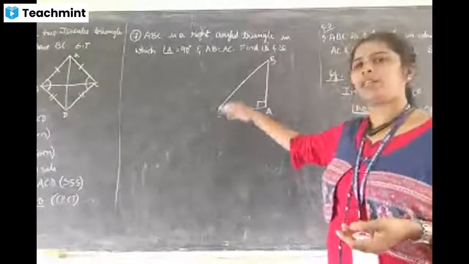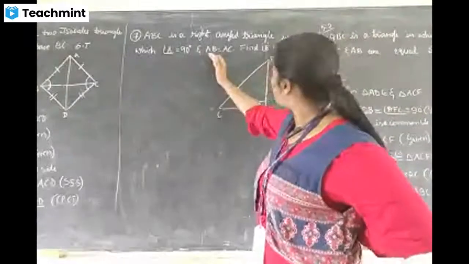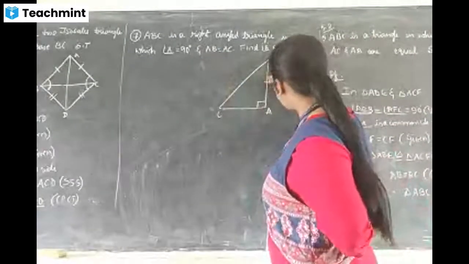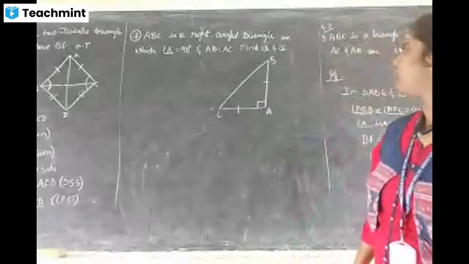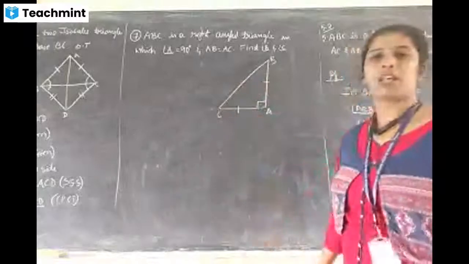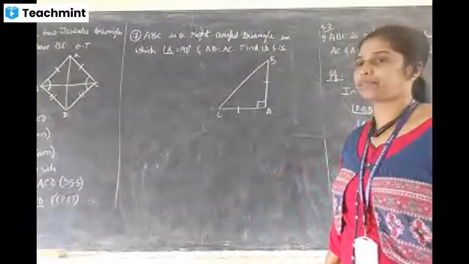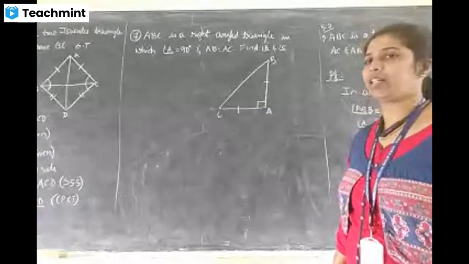If you want B here, C here, it's up to you. Now they say AB equal to AC. AB is this, AC is this. Find angle B and angle C. We must find the value of angle B and angle C.